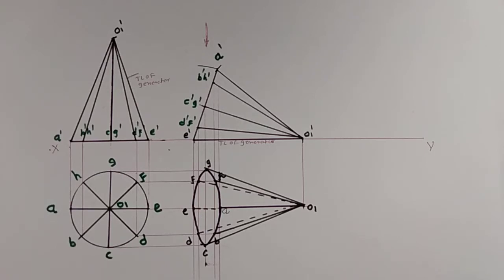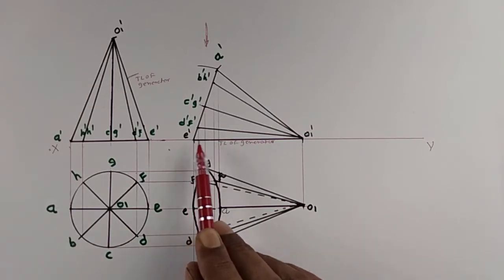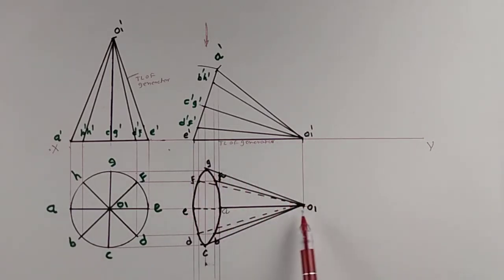Now, the third stage of the problem, it says your generator EO1 and E-O1 dash, both are the true length, but the plan of EO1 is parallel to VP. Now you have to make 45 degree incline to VP with apex nearer to observer.